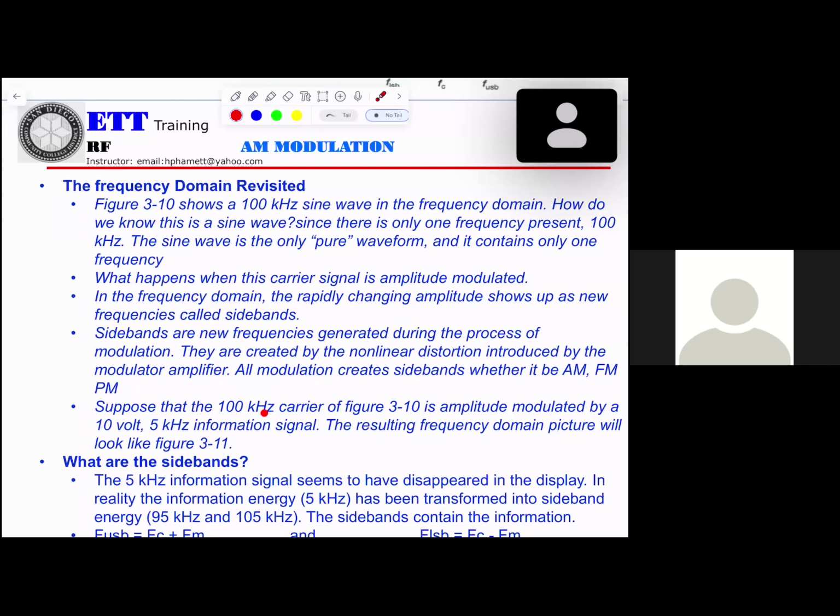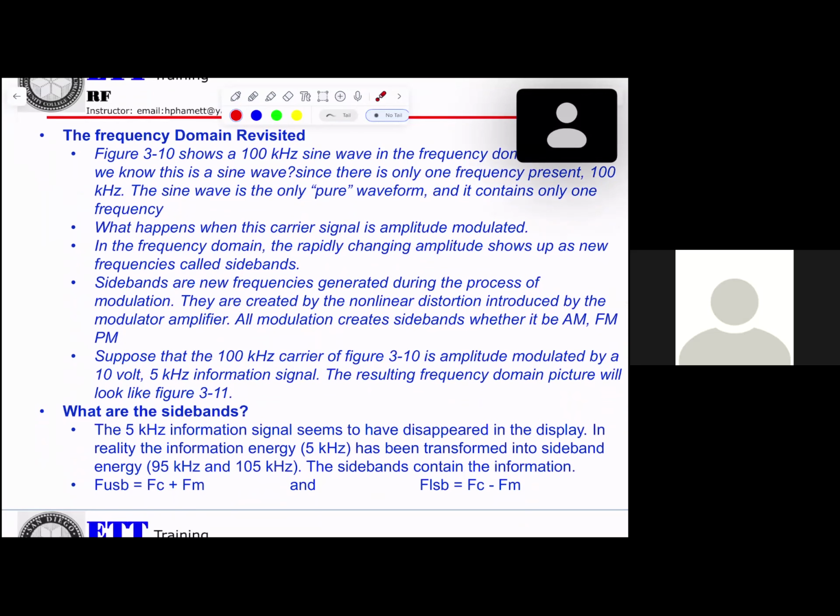Suppose a 100K carrier is amplitude modulated by a 10 volt, 5K information signal. The resulting frequency domain picture will look like this. What are the sidebands? The 5K information signal seems to have disappeared in the display.